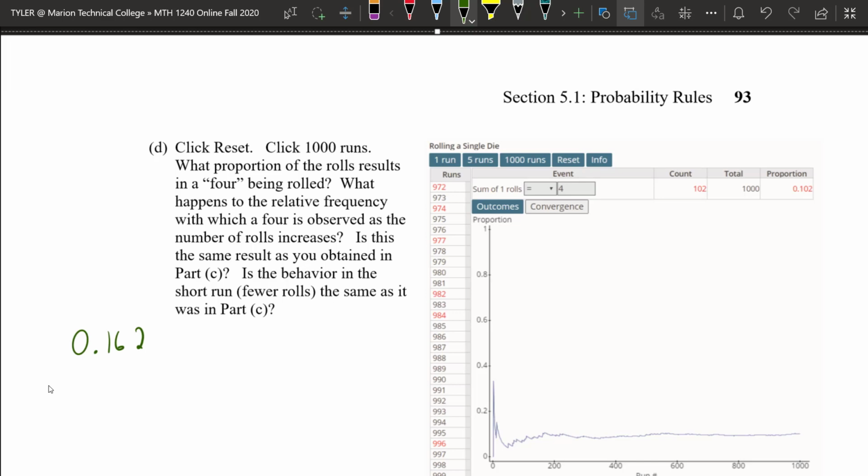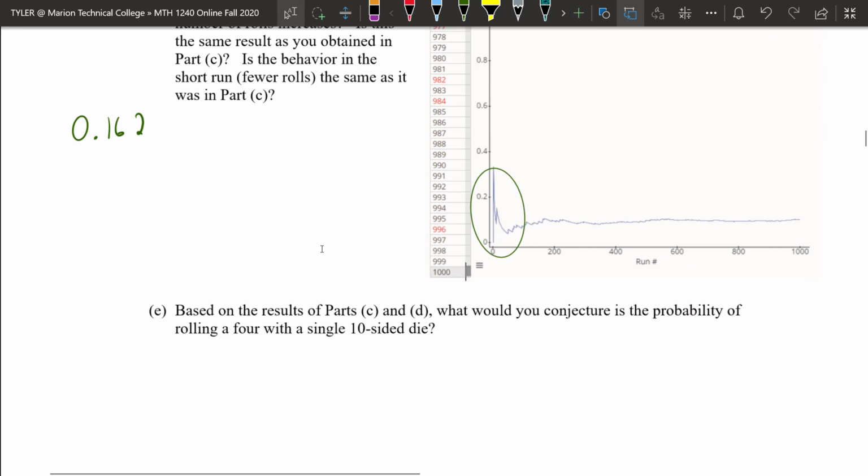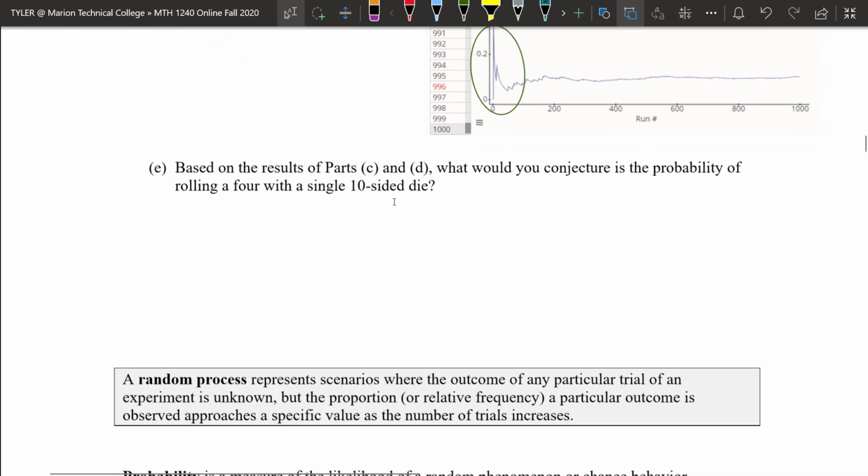So if we compare what happens in the short run, this first part here didn't match exactly either.